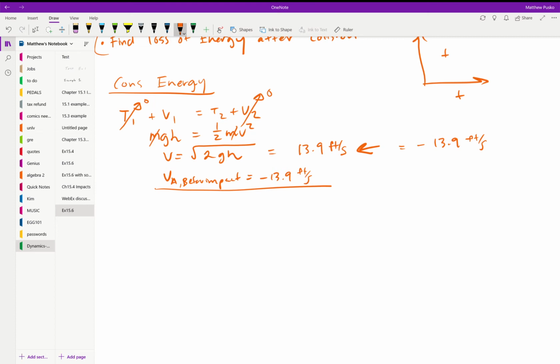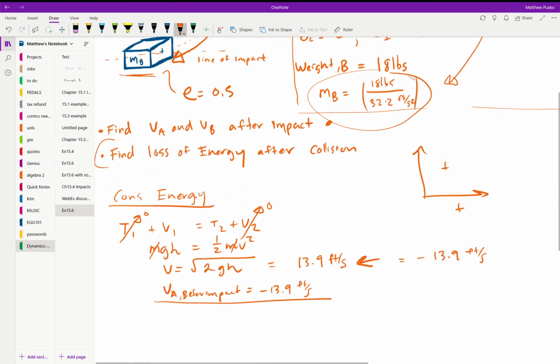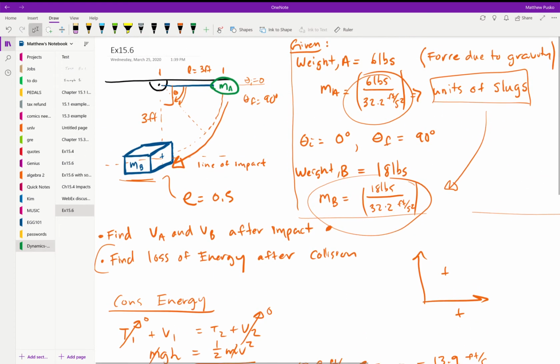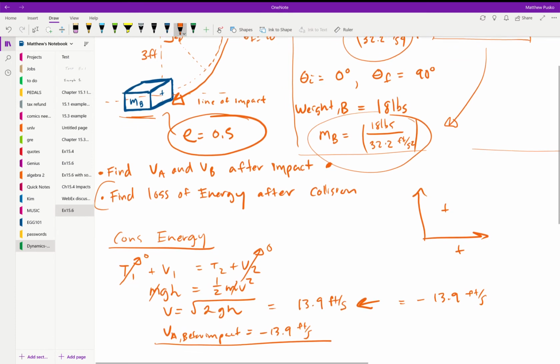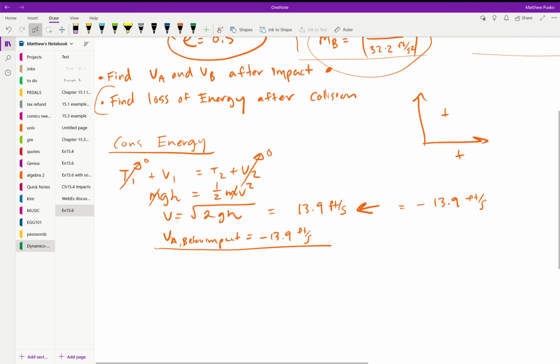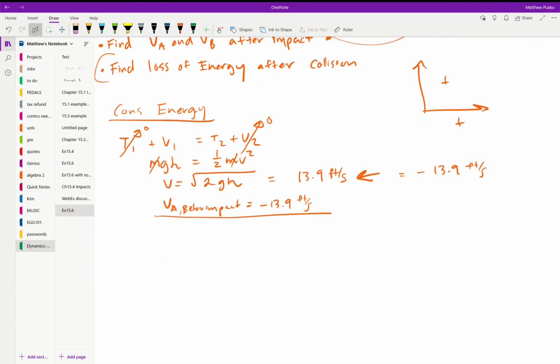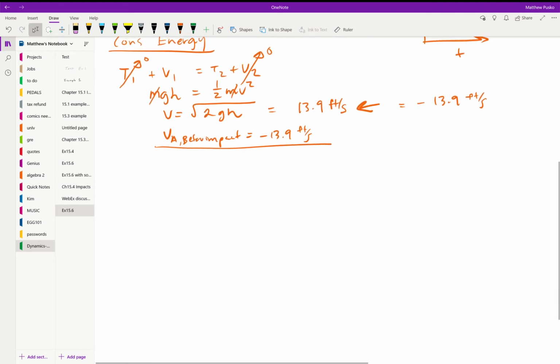Now they're going to hit each other. We were not told that they stuck together. Instead, in this problem, we have a coefficient of restitution, e equal to 0.5. So we are not going to move off together as one body. They're going to move off with their own momentum.